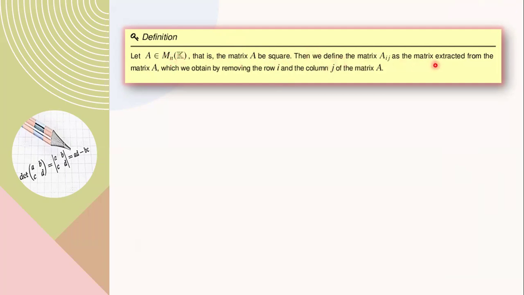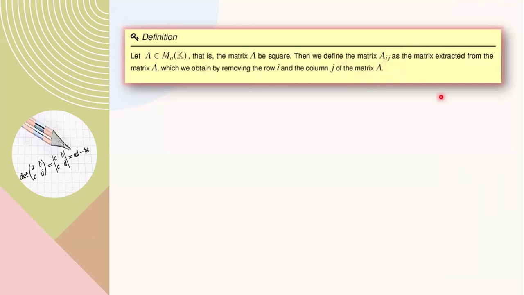Then we define the matrix Aij as the matrix extracted from the matrix A. How do we obtain this matrix? We obtain it by removing the row i and the column j from the matrix A.